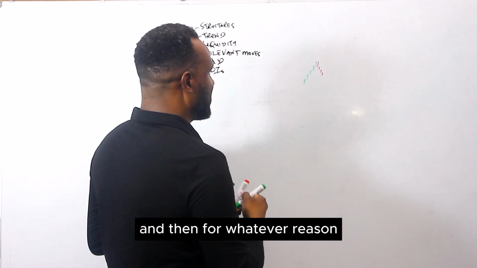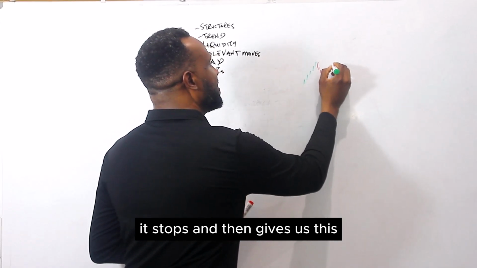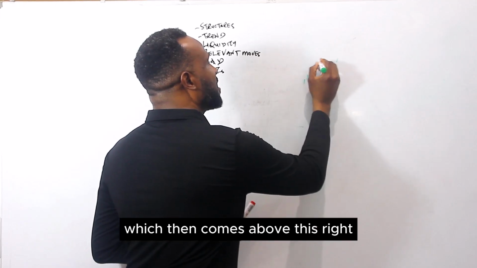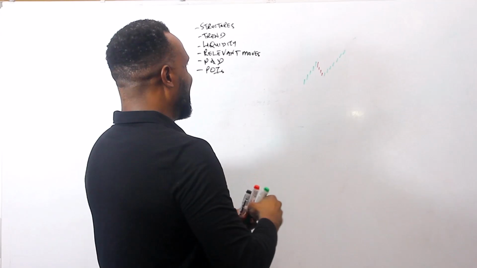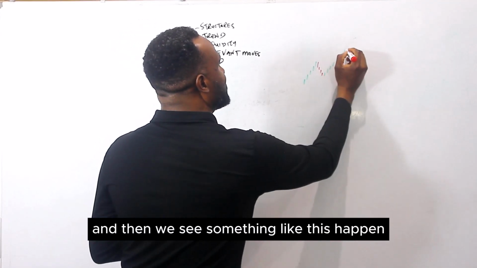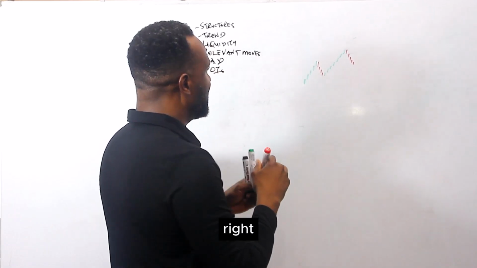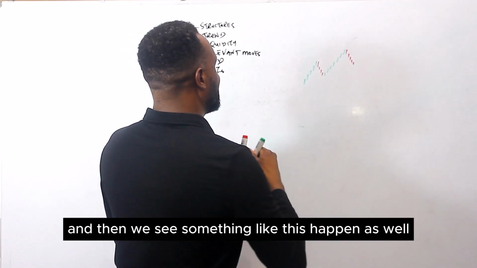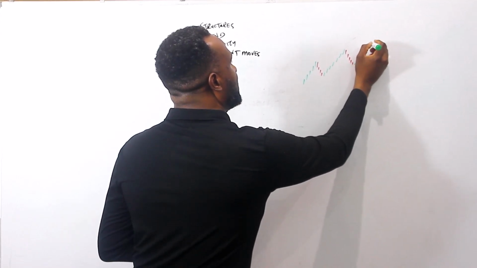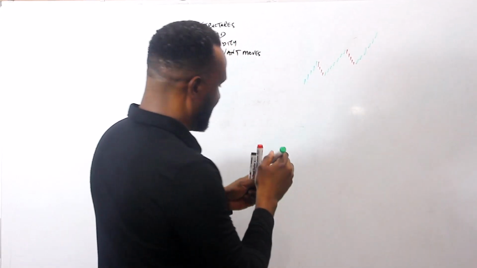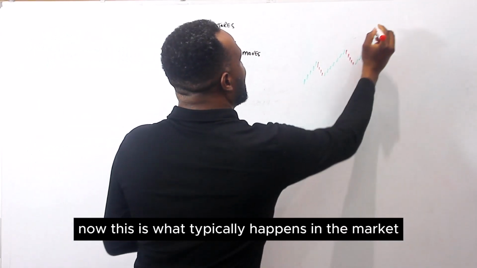And then for whatever reason, it stops and then gives us this, which then comes above this, right? And then we see something like this happen, right? And then we see something like this happen as well, right? Now, this is what typically happens in the market.